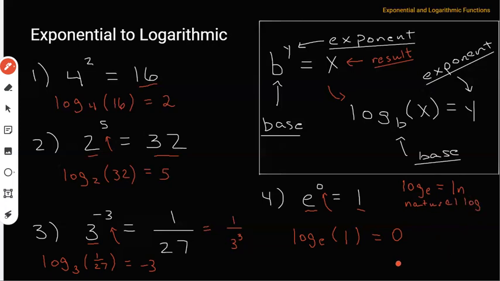So how can we change this into a natural logarithm? Because if you notice, the base is going to be e. And if I ever have base e, I can make that into the natural log. So I can write this as ln of 1 is equal to 0.